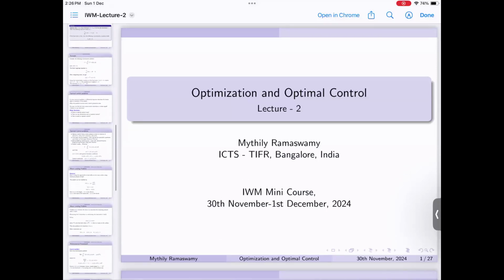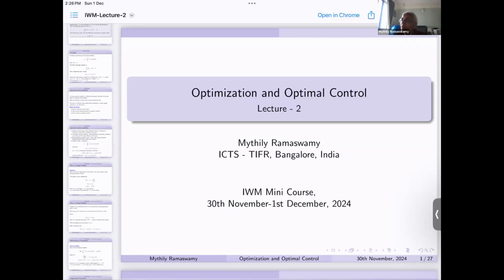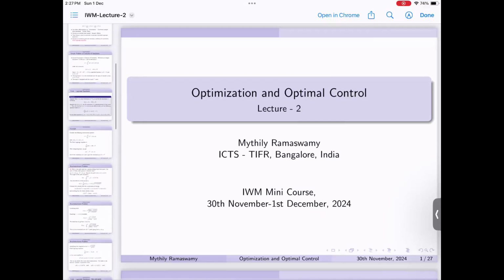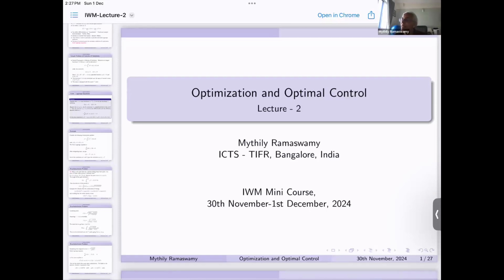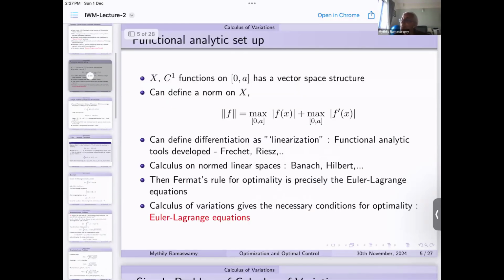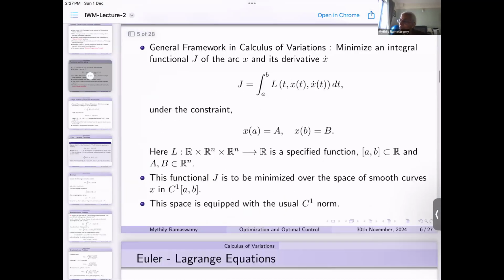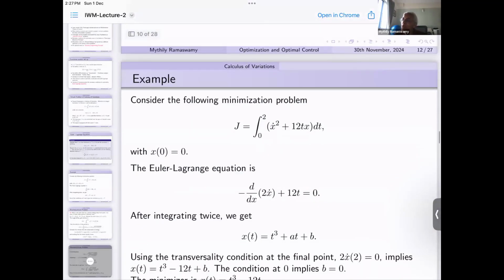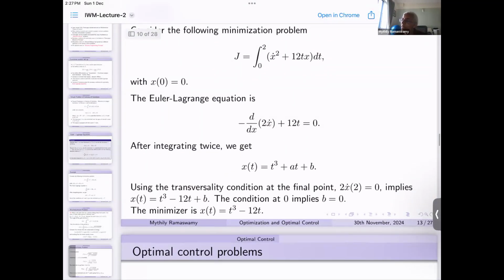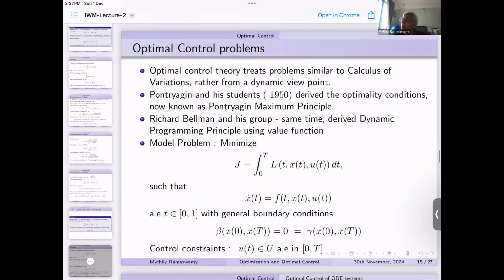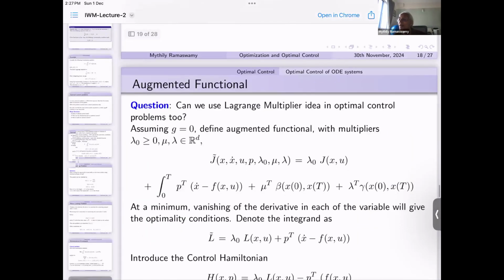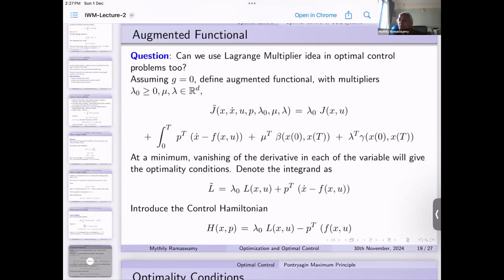The question is, ma'am, what does P denote here? Is it also the Lagrange multiplier? Yes, it has several interpretations. It is a Lagrange multiplier if you treat the differential equation as a constraint, so you are multiplying it by the Lagrange multiplier P. But in control theory we will call it the adjoint vector.